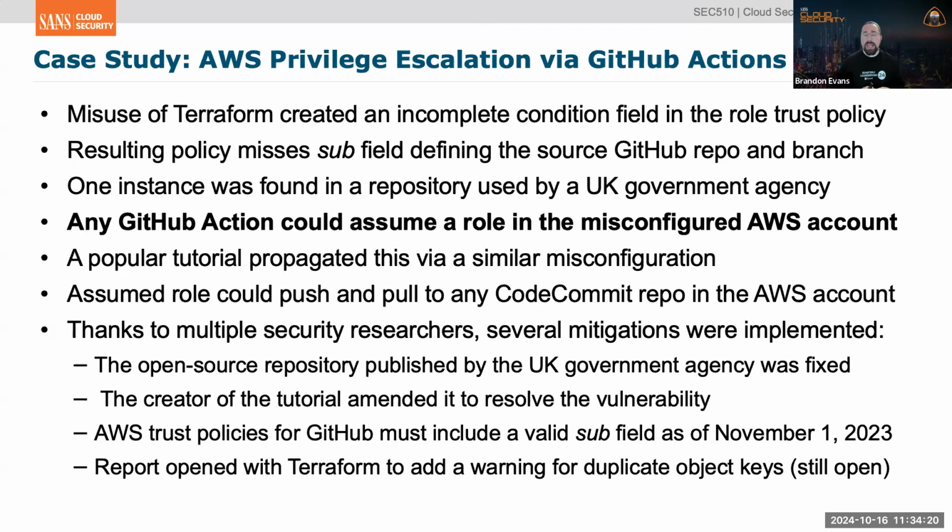And they were able to get AWS to actually modify their setup wizard so that it's impossible to make this mistake in the future. And they even made a report with Terraform to tell them, hey, this issue happened as a result of this oddity in Terraform. Perhaps we should add a warning whenever this kind of mistake happens.